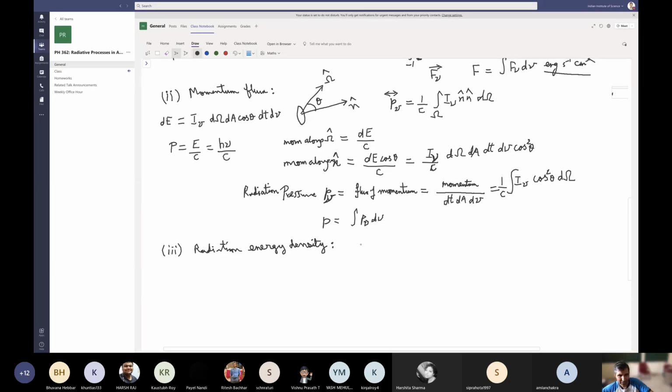So that's radiation energy density. So let's see. So this is energy stored in radiation per unit volume per unit solid angle per unit frequency. This is called U nu.